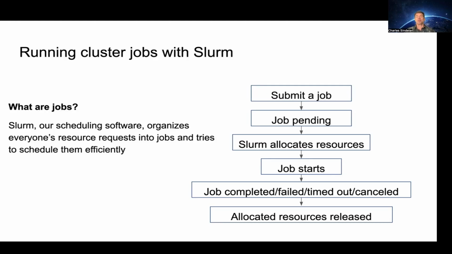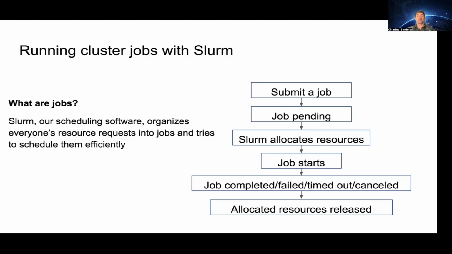Slurm will then try to find a way to run it, and while that's happening, the job will be pending. And once it discovers an opening where there is an available node that can run your job, it will start it. And after the job finishes, hopefully successfully, it will release the resources to allow other users to run their jobs.